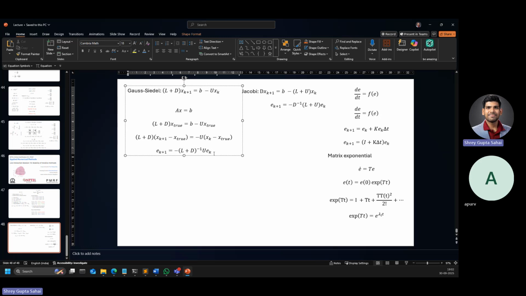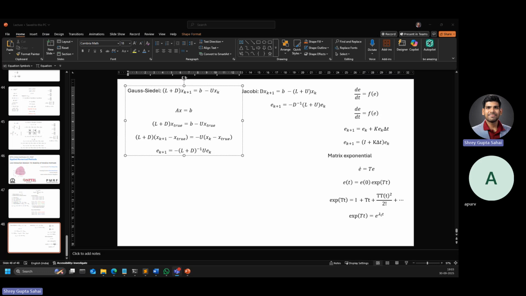L plus D inverse of U. Just give me a second.